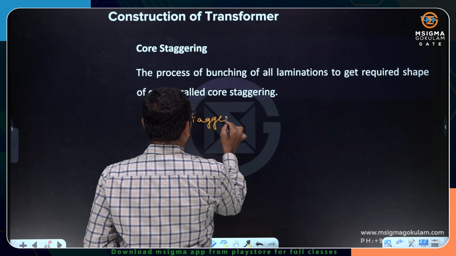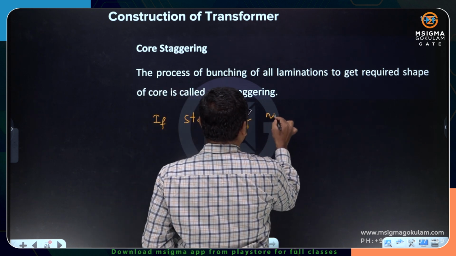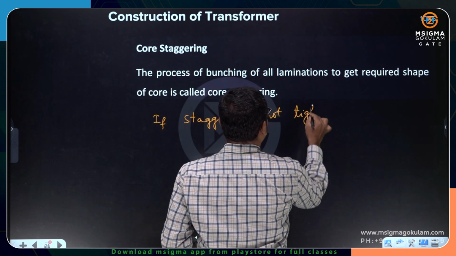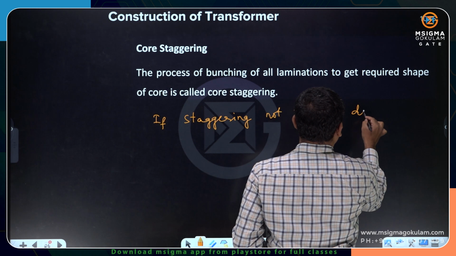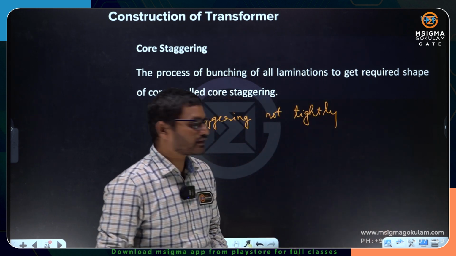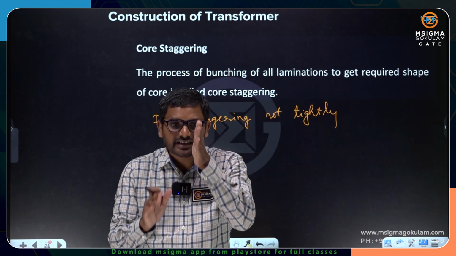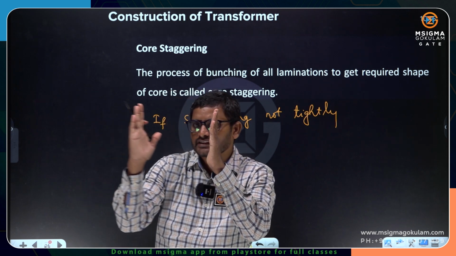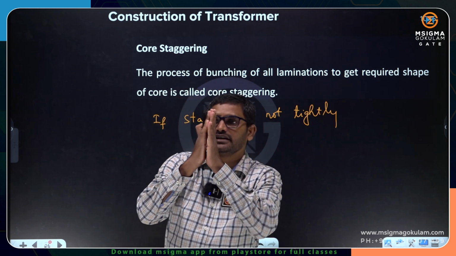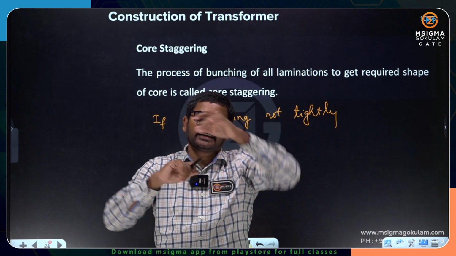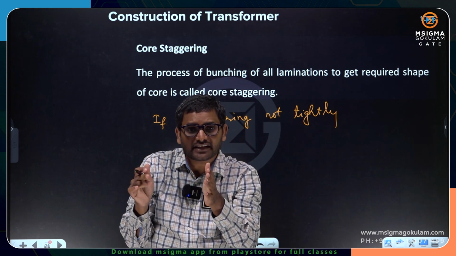If this is a lamination, I have to bring the next lamination and put it very tight. Next lamination I have to bring and put it tight. If it is not tight, what is going to happen?